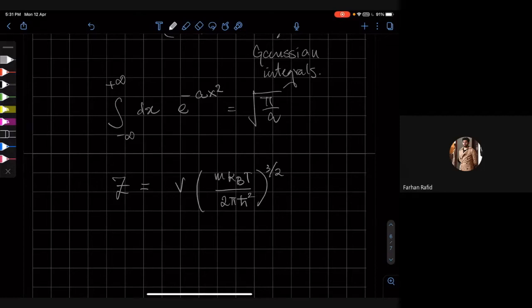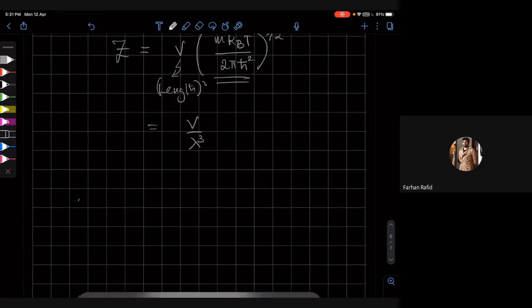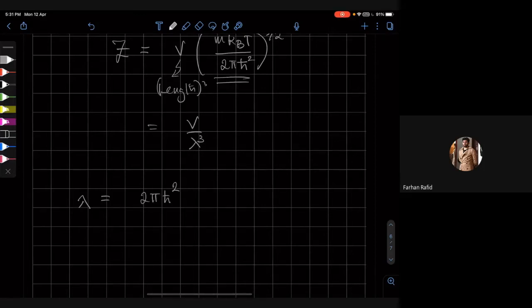Now, because the dimension of V is length cubed, this thing should also have the dimension of 1 over length cubed. So we write this as V divided by lambda cubed. What is lambda? Lambda is nothing but 2 pi h bar squared divided by m kBT, the whole thing under a square root.